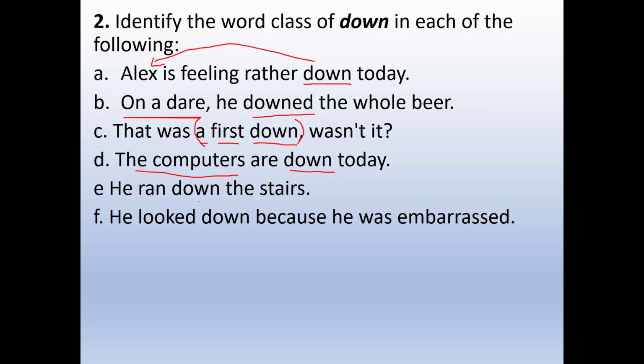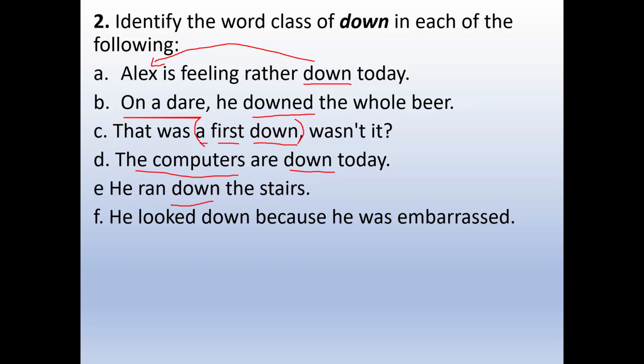He ran down the stairs. Next, down. Preposition. Yeah. Right? Closely analyze the components of this sentence, starting with adverb or preposition. Preposition.